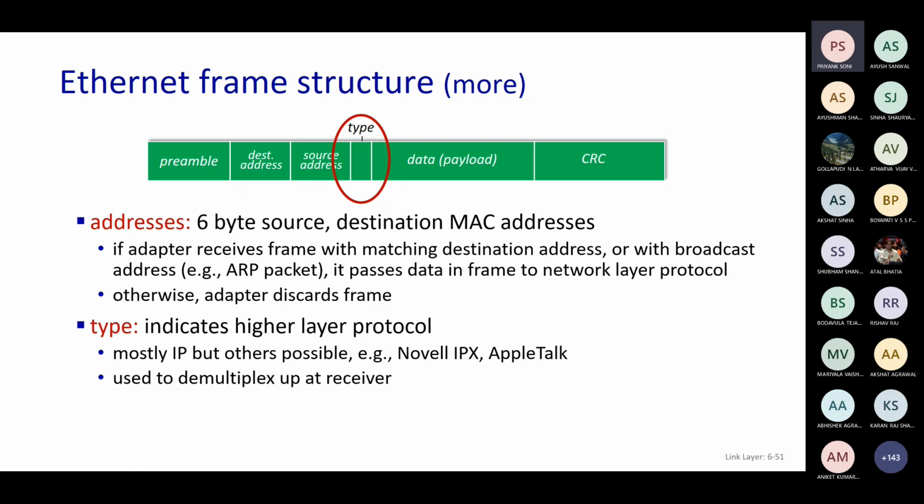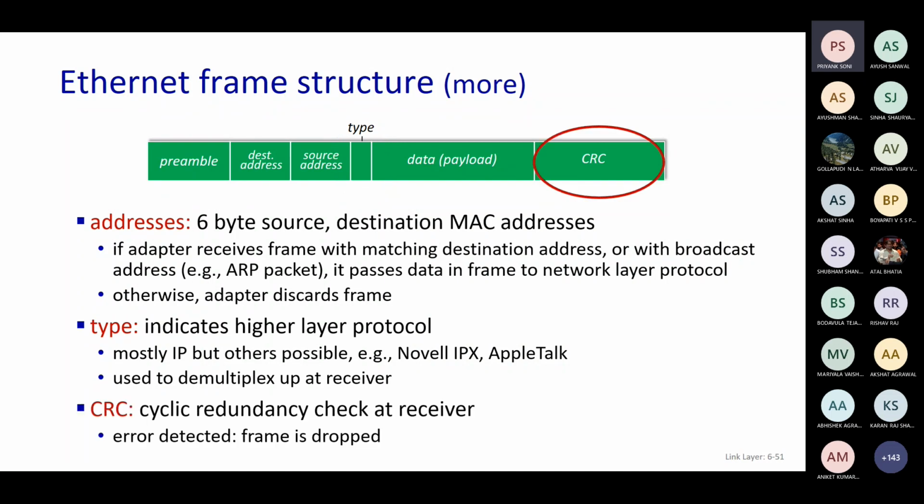But in general we use the IP protocol in the type field, and it is used to demultiplex at the receiver. Finally is the CRC, the cyclic redundancy check, to find out if there is an error in the received frame. If an error is there, then the frame will be dropped.